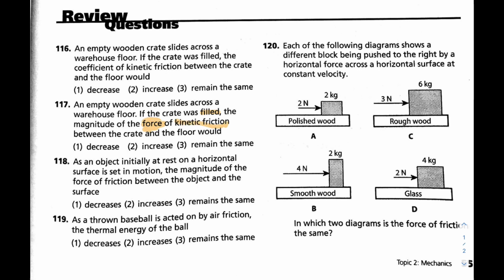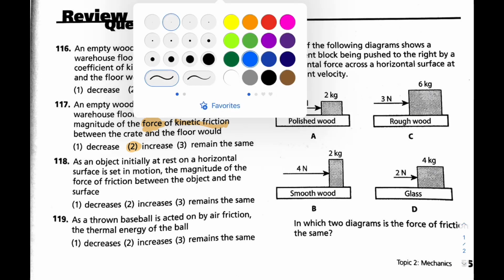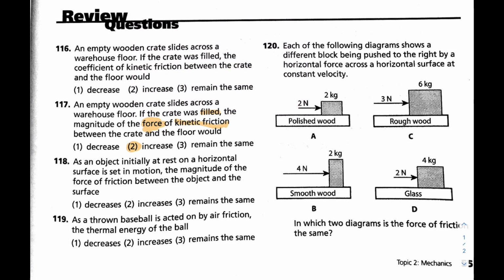This time we are going to see that it will increase as we add more stuff into it. The reason that is the case is because the equation for the force of friction is as follows: force of friction is equal to mu times the normal force, and the normal force is dependent upon the amount of force applied to the plane.